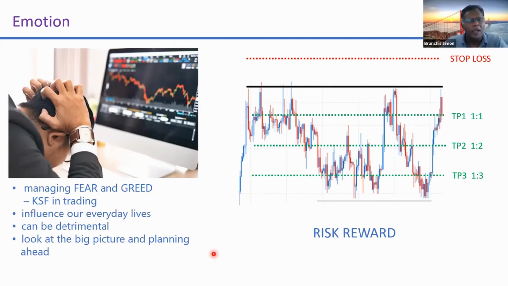So I would say one of the key success factors in trading is how well you manage your emotion. It took almost 3 to 4 years to manage my emotion.